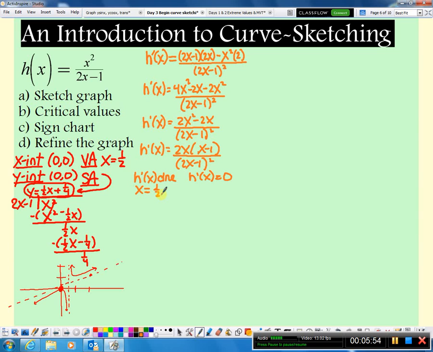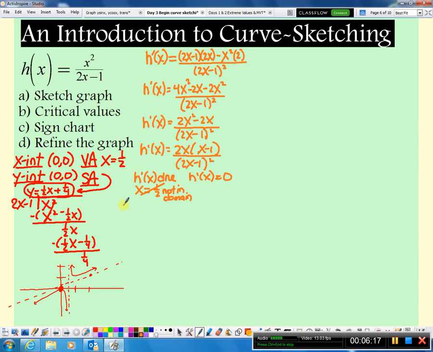But x equals 1/2, if you look at the original function for h of x, x equals 1/2 isn't in the original domain. So because this is not in the domain, I'm going to strike that as a critical value. It's actually not a critical value. Instead, it's a vertical asymptote.